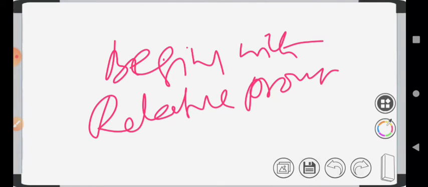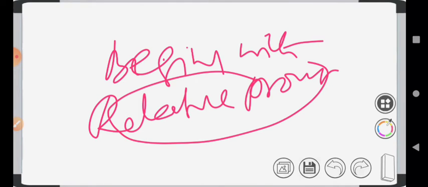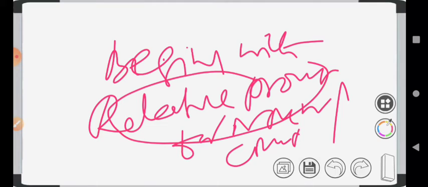The relative pronouns substitute for a noun or noun clause. We use a pronoun instead of a noun. That is the definition of the pronoun: in the place of a noun, we use a pronoun. The relative pronoun also, instead of a noun or a noun phrase, we use relative pronouns.